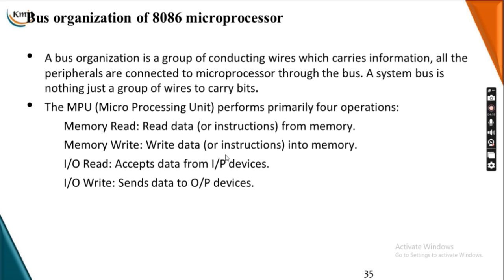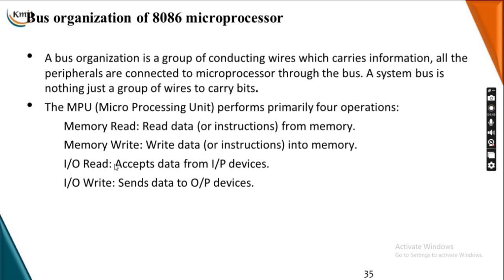As I told you initially, the microprocessor takes the inputs from the input devices, processes the data and sends the data to the output devices, right? That is the functioning. So the third operation the microprocessor can do is IO read, nothing but accepts the data from the input devices.